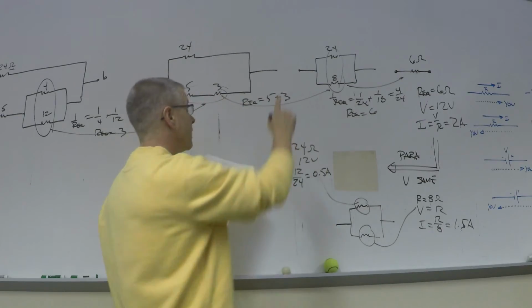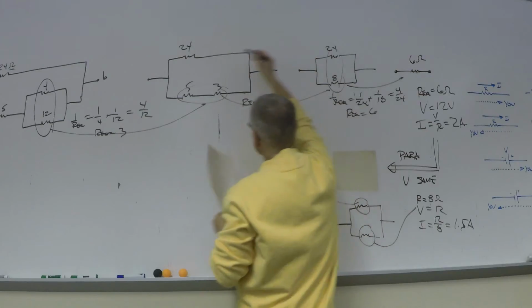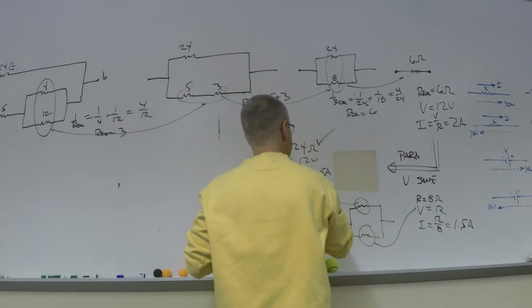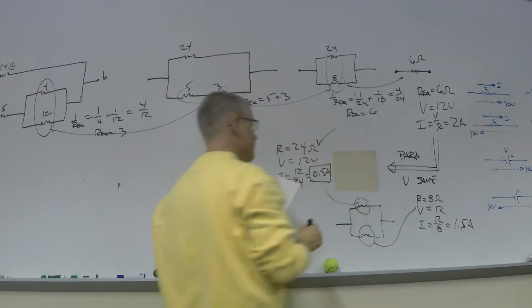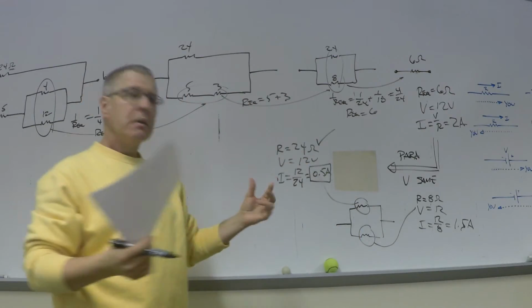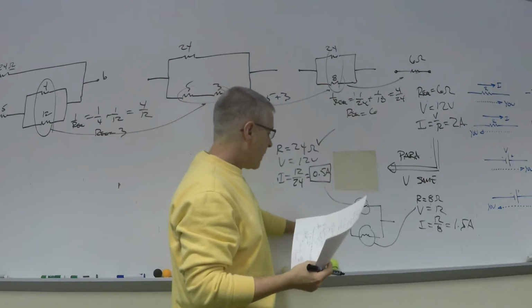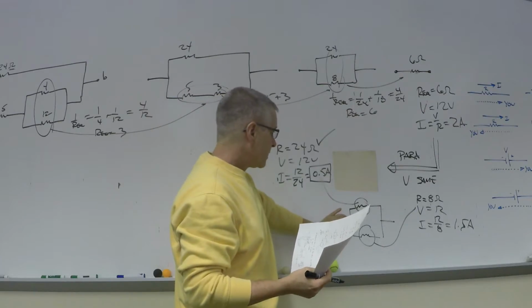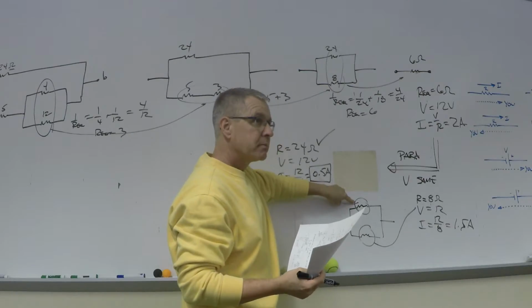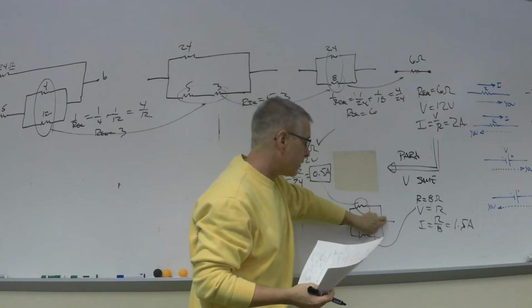And notice this one here is actually one of our original resistors. So here is the current going through one of our original resistors. In fact, if we stop right here, I've got 2 amps coming into this. 1.5 went to the bottom branch, half went to the top branch. Comes back together again, there's my 2 amps going back.